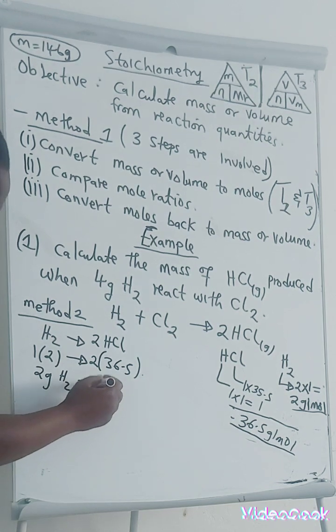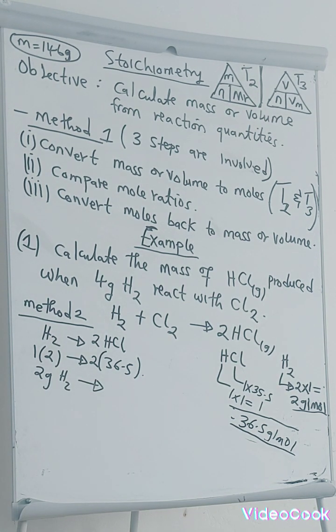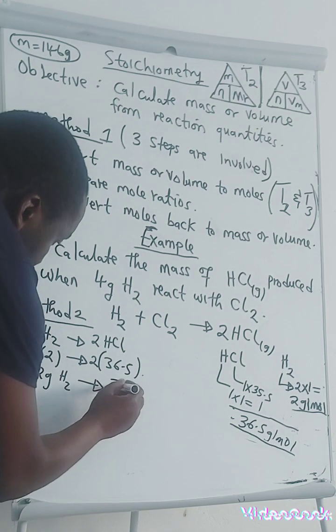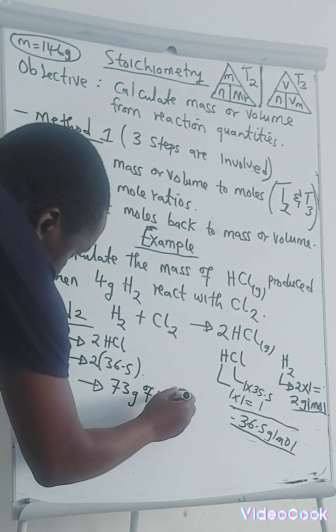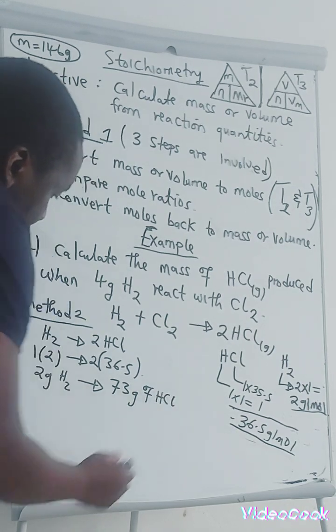So 2 grams of hydrogen will produce 2 times 36.5, that is 73 grams of hydrogen chloride.